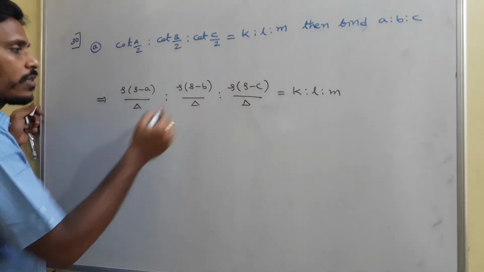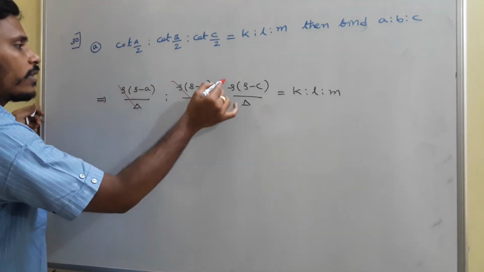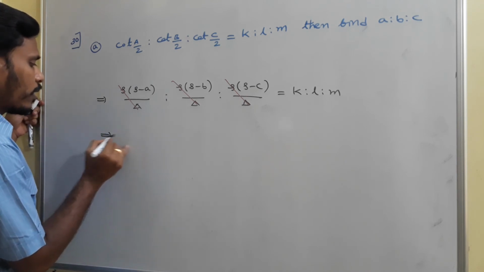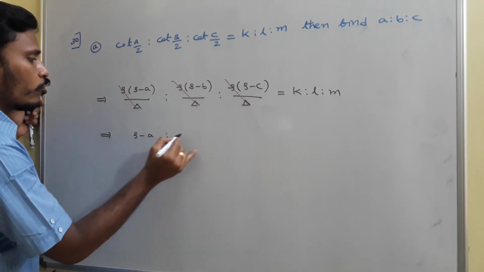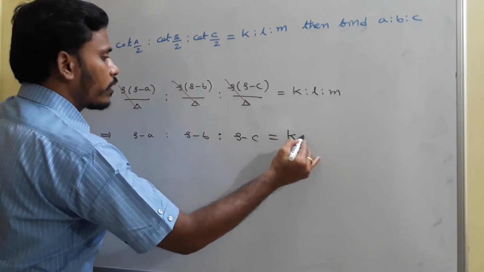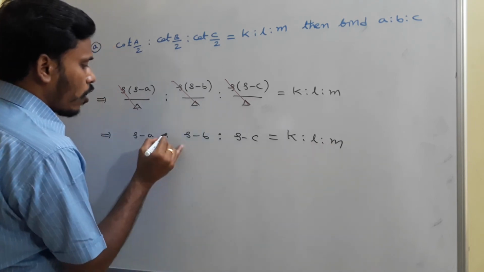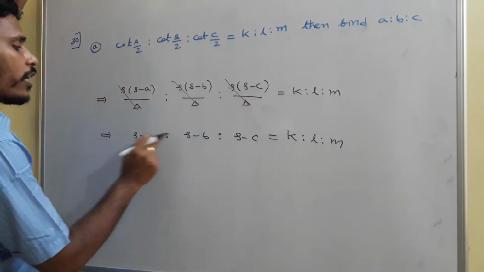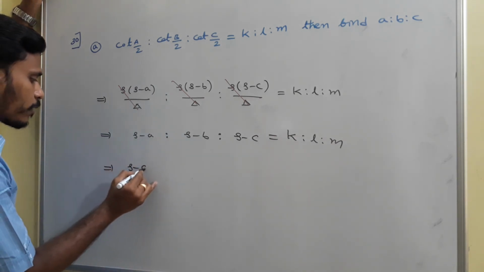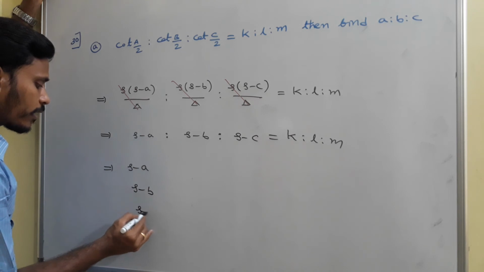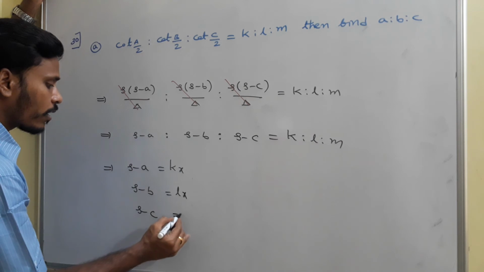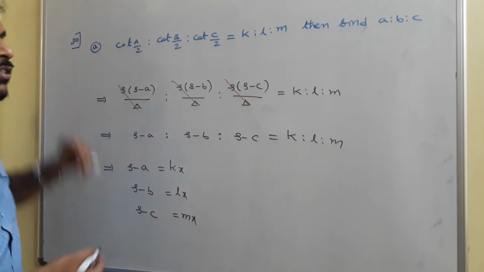So the ratio between these three numbers, by neglecting this S by delta, gives S minus A is to S minus B is to S minus C equals K is to L is to M. Since the ratio between these three is K:L:M, we may take S minus A, S minus B, S minus C as some K times X, some L times X, some M times X. Very basic concept of ratios.